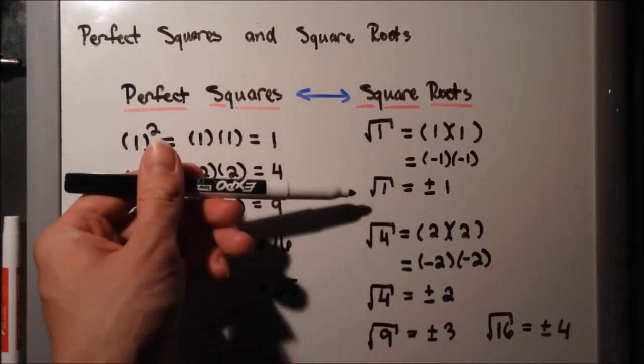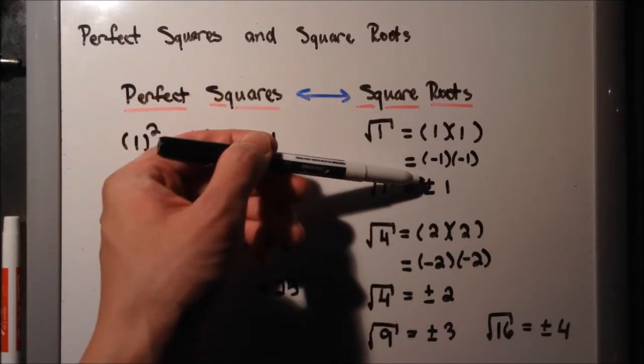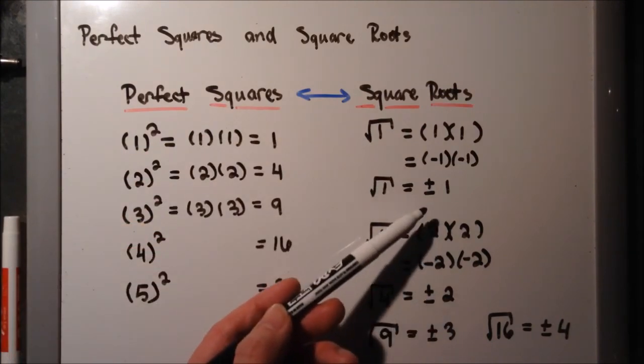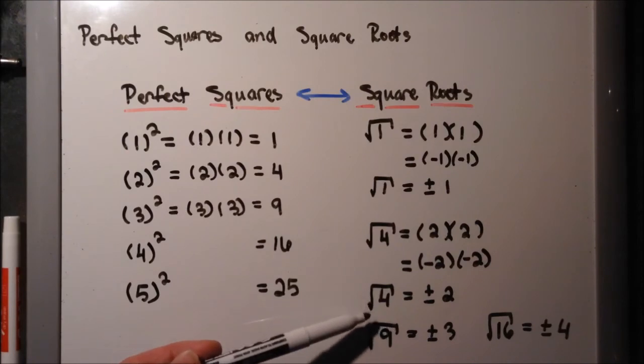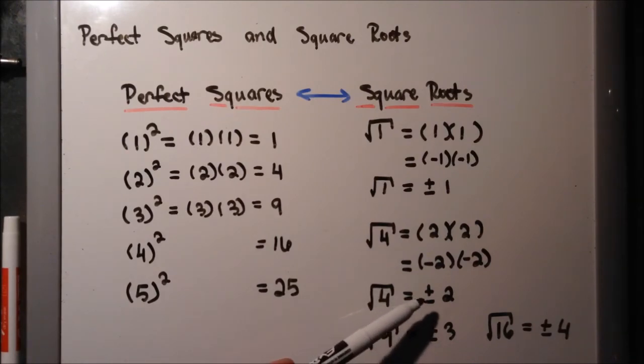So for example, square root of 1, the first solution is positive 1, the second solution is negative 1. Second example, square root of 4, the first solution is positive 2, and the second solution is negative 2. Instead of writing the two solutions separately, we can combine them as one.